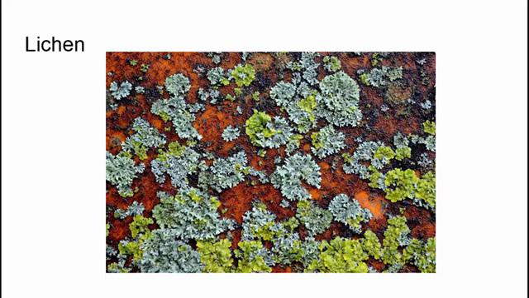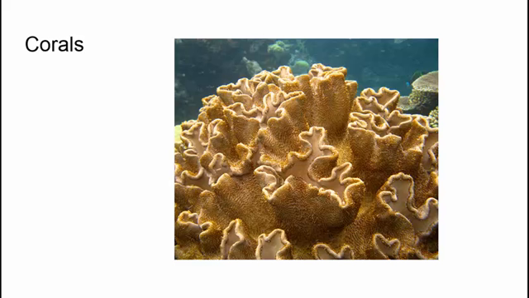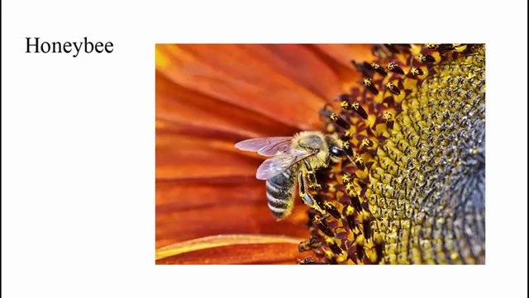Lichens are mutualistic relationships between algae and fungi, so you'll want to look up a little bit about why that is. Corals are symbiotic or mutualistic relationships between algae and some of the organisms that live inside of the corals. Honeybees have a mutualistic relationship as pollinators with different kinds of flowering plants.